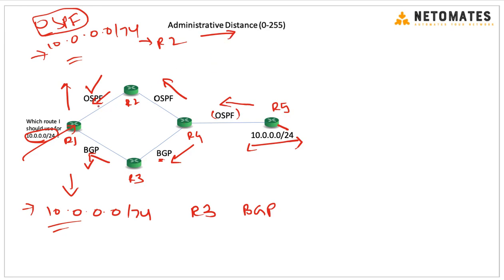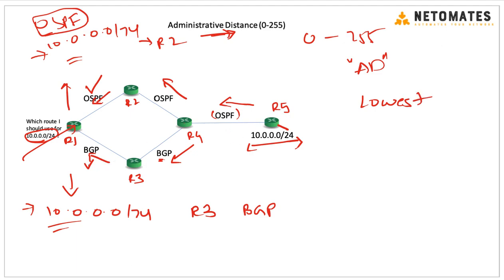Each route will have some value of administrative distance, which can range from 0 to 255. Each route, whether it's coming from OSPF, BGP, static or connected, will have a unique AD value. The router will choose the lowest one.